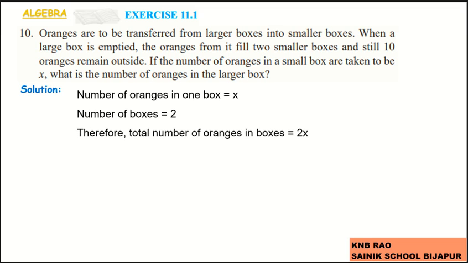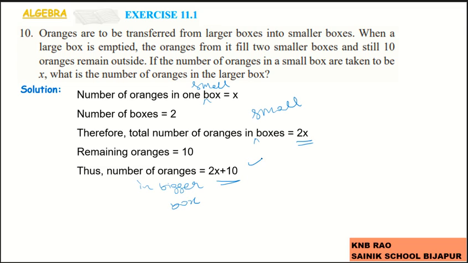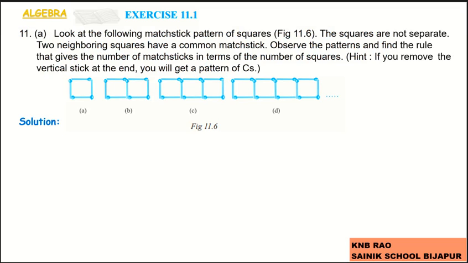So, total number of oranges in the two small boxes is 2x, and remaining oranges 10, thus the number of oranges in the bigger box is 2x plus 10. Now, coming to the main question number 11, look at the following matchsticks pattern of squares.